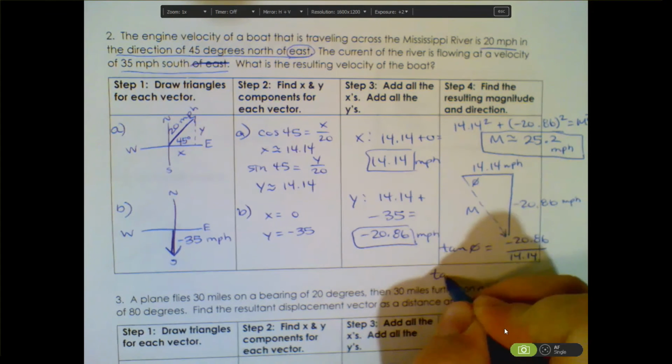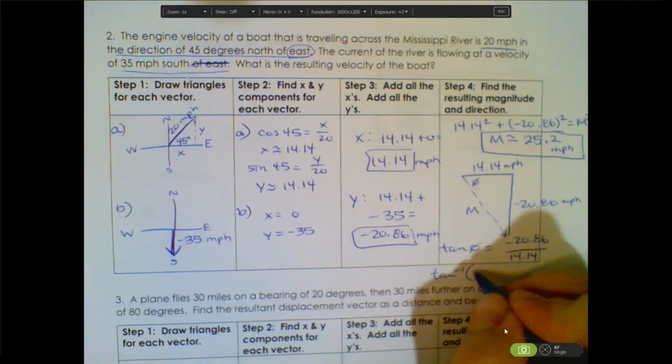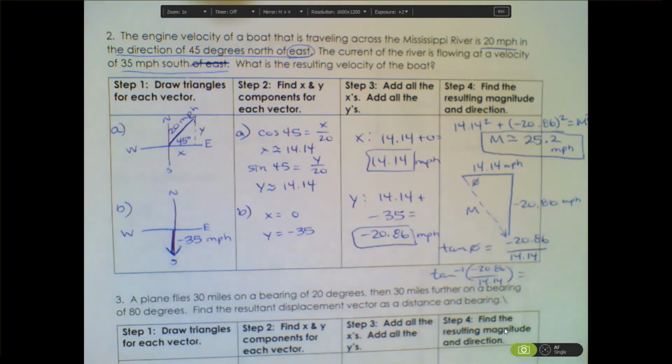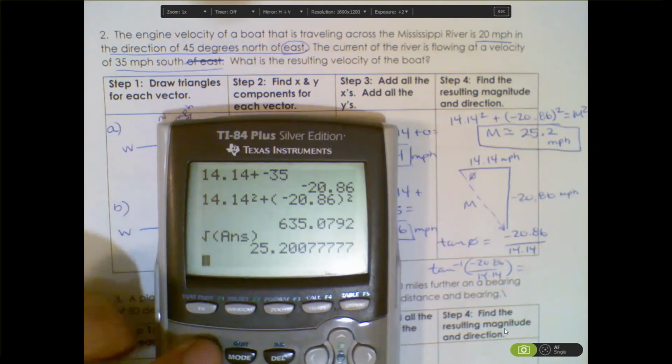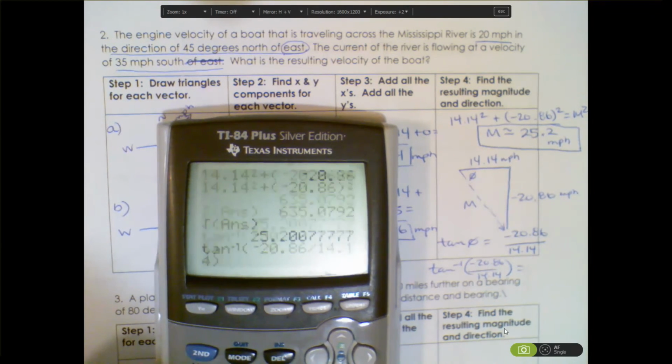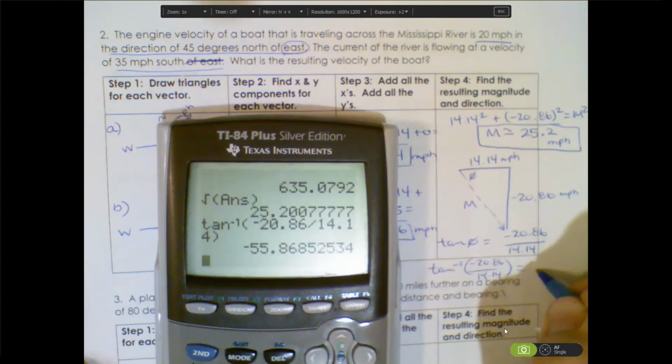Remember, we're taking the inverse tangent, so we're going to input that ratio, and the output will be the angle. So inverse tangent of negative 20.86 divided by 14.14 gives me an angle of negative 55.9 degrees.